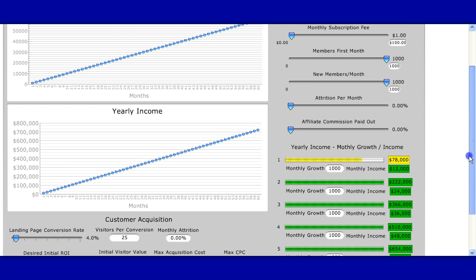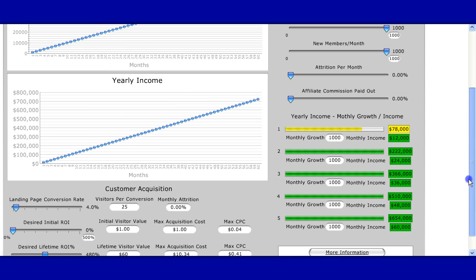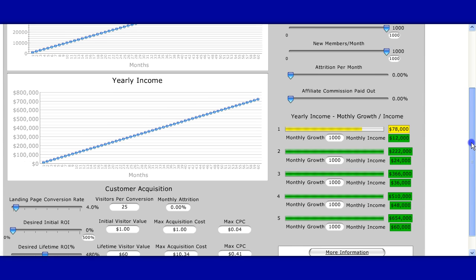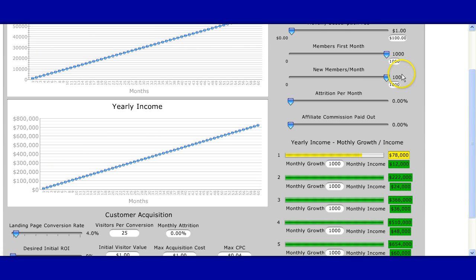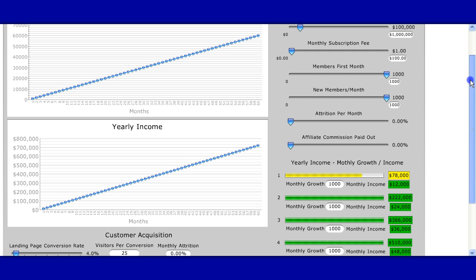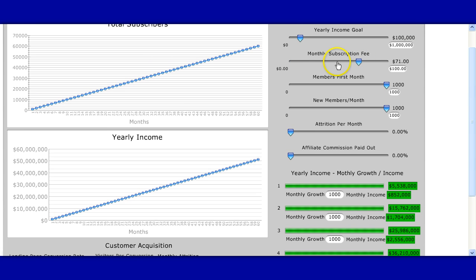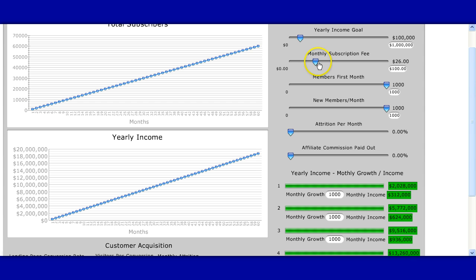But what you want to do is use this software. Again, what this shows us is how much money we're able to spend and still get a profit on our investment. Now let's go back and we just set this at the $27 fee again.